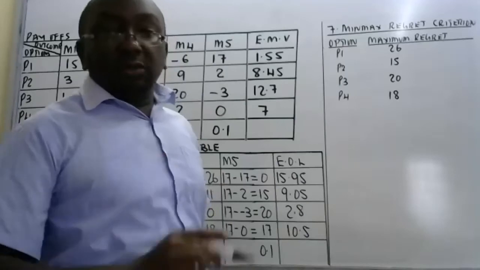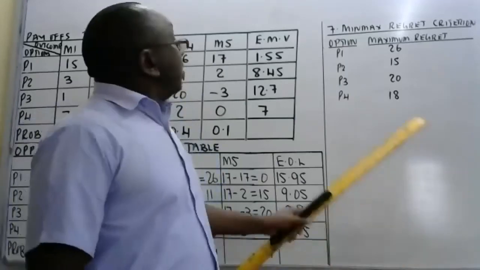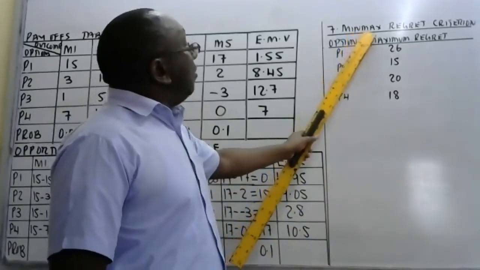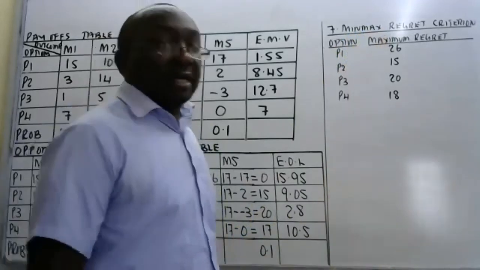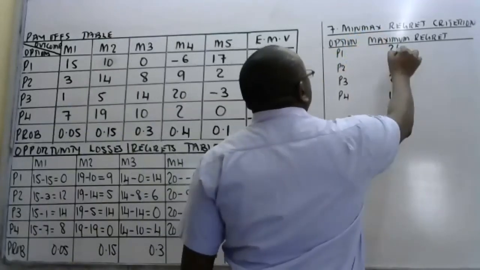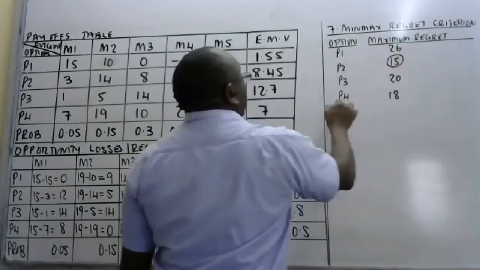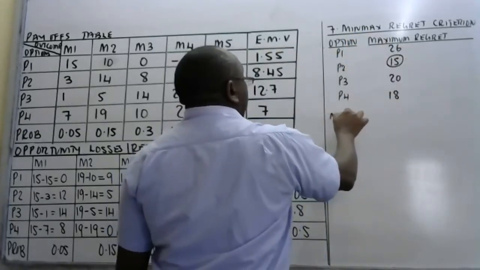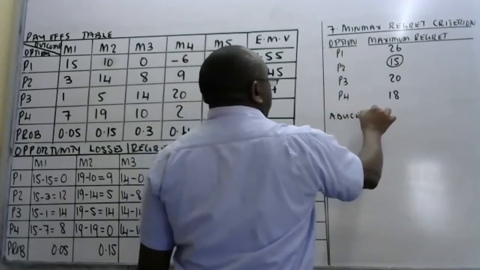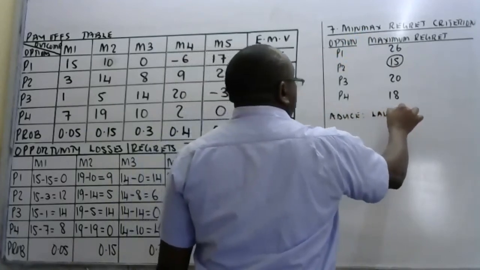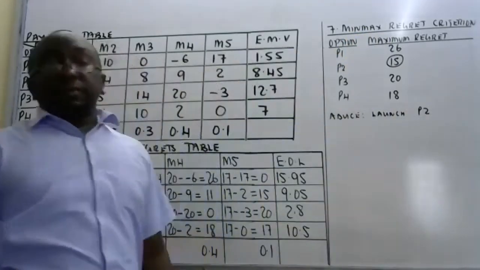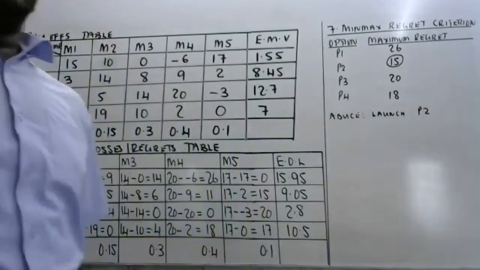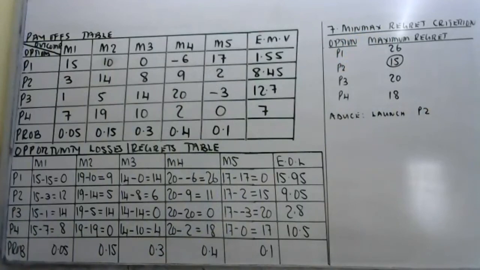So just like we did with the others, this means select the minimum of the maximums. The minimum of those maximums is this, and therefore we advise that they should launch product P2.